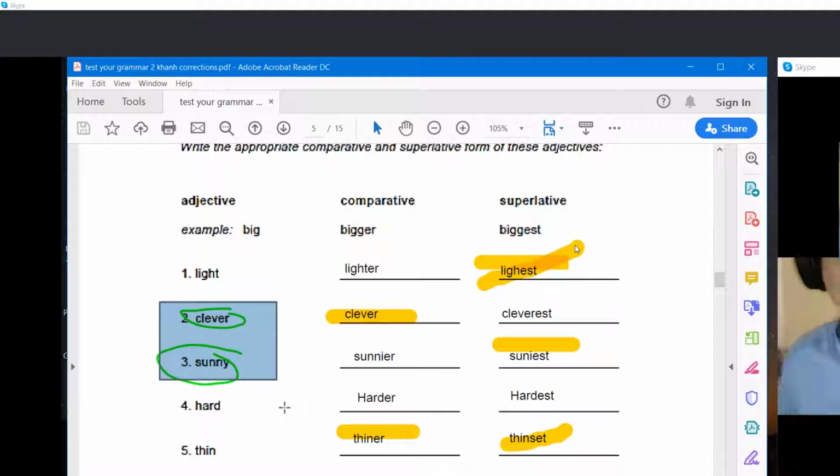One syllable takes er, est, two syllables can have er, est or more, most, and then three syllables will have more, most. So clever and sunny can be more clever or cleverer, most clever, cleverest. More sunny, sunnier, most sunny, sunniest. So they can have two forms of comparative and superlative.